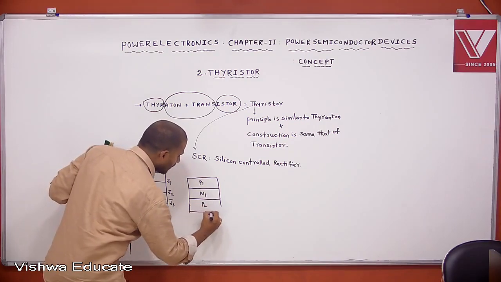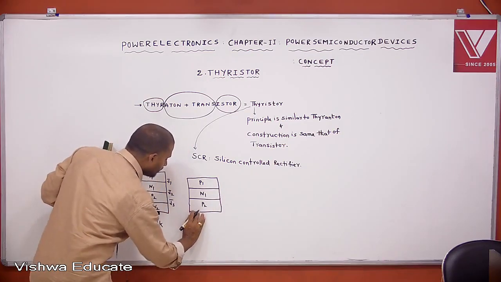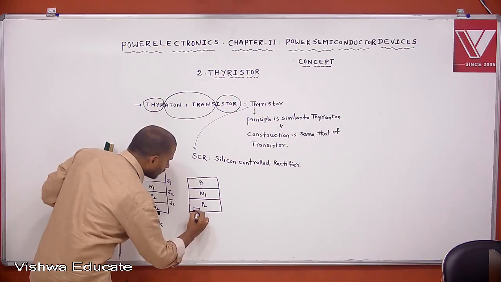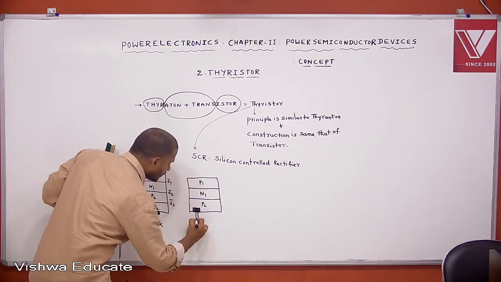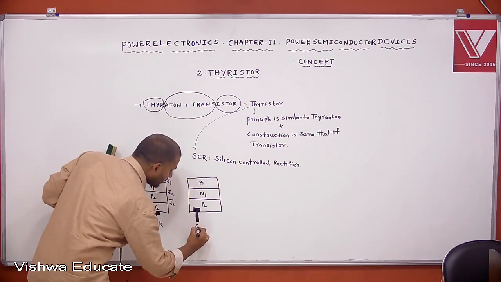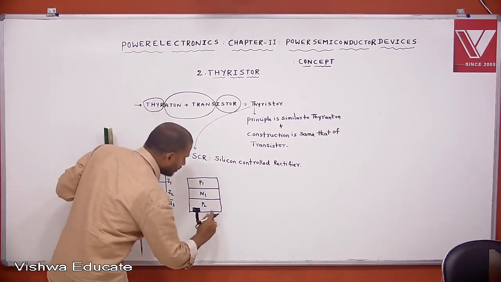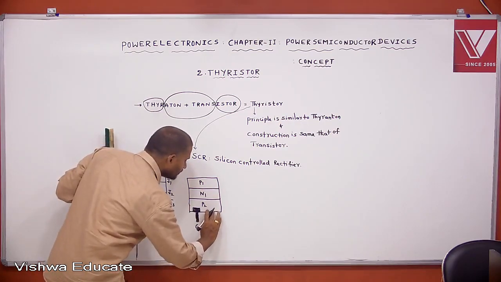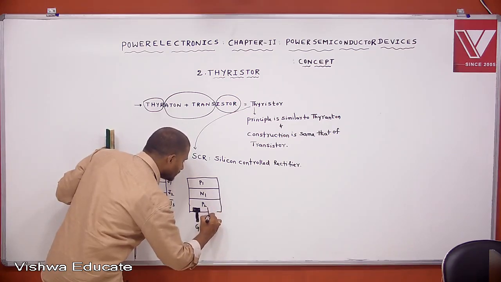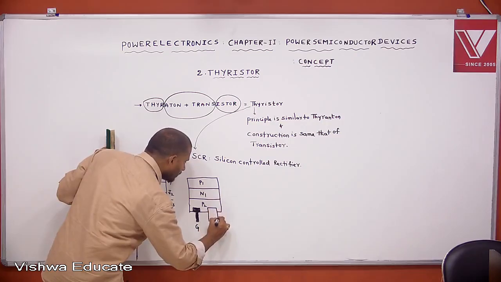This is the P2 layer. Here is the placement of the gate terminal, and here we can place the cathode arrangement.